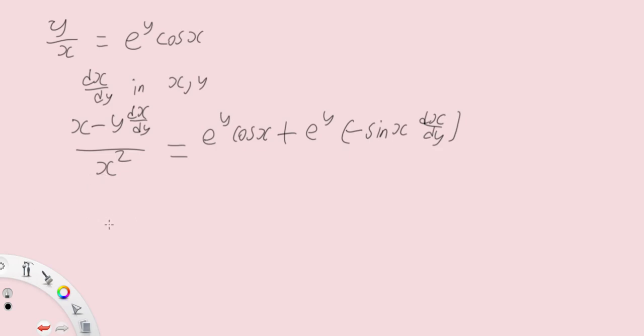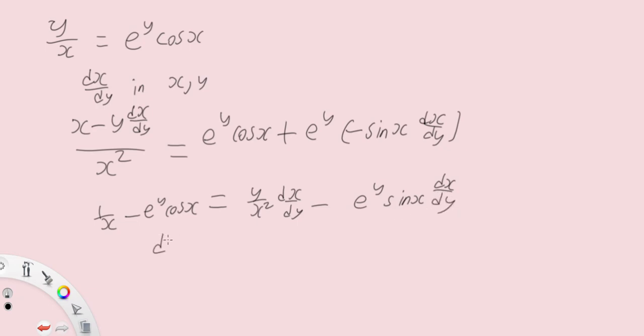Thereafter, I will simplify. There are two ways to do it. I'll show you the first way, which probably most of you will do. 1 over x minus e^y cosine x, we're going to do it slowly, equals y over x squared dx/dy minus e^y sine x dx/dy.